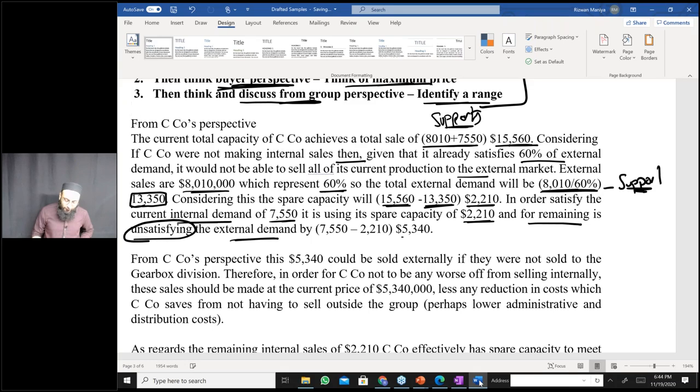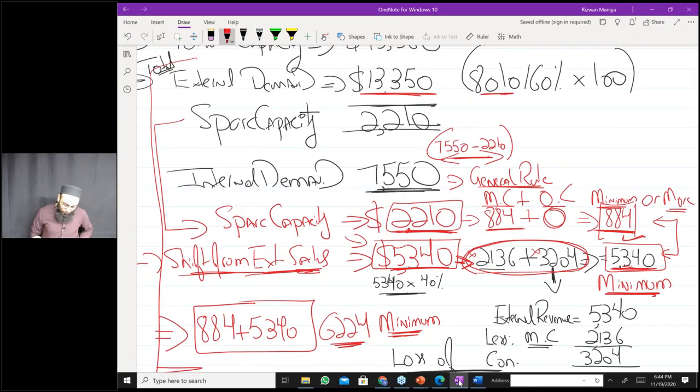What I wrote here is exactly what I did in the working here. Do you agree with me? Say yes or no. Is the drafting clear?